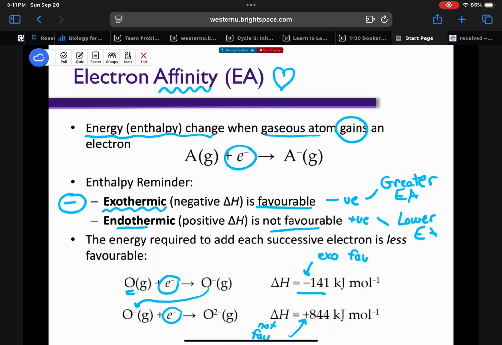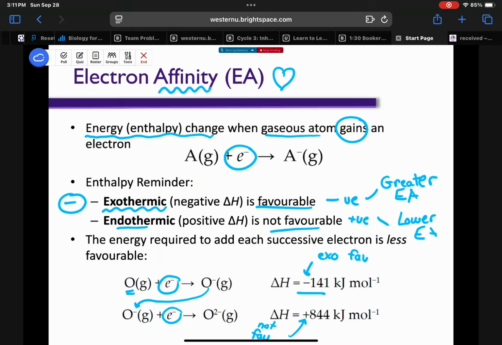Now, this might be counterintuitive because you probably know we have lots of compounds in our world that have O2 negative as an ion. That O2 negative now has a noble gas electron configuration. We've been trained that that's a good stable thing, right? Well, we need to remember that this reaction is happening in the gaseous state.